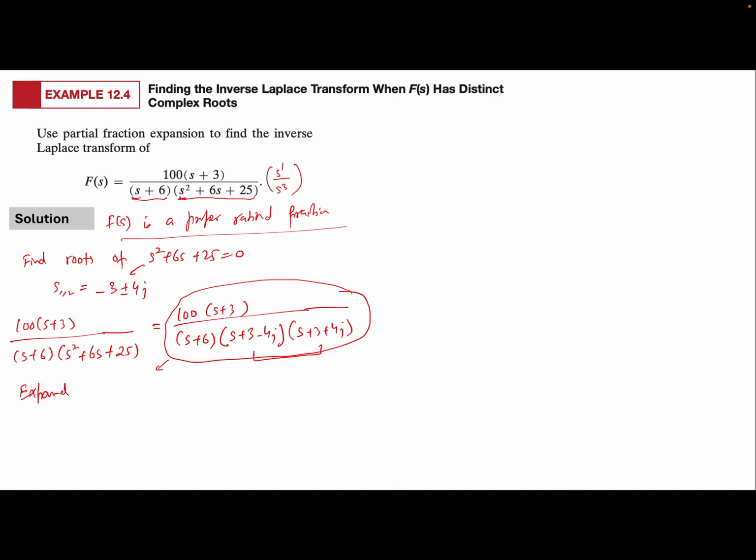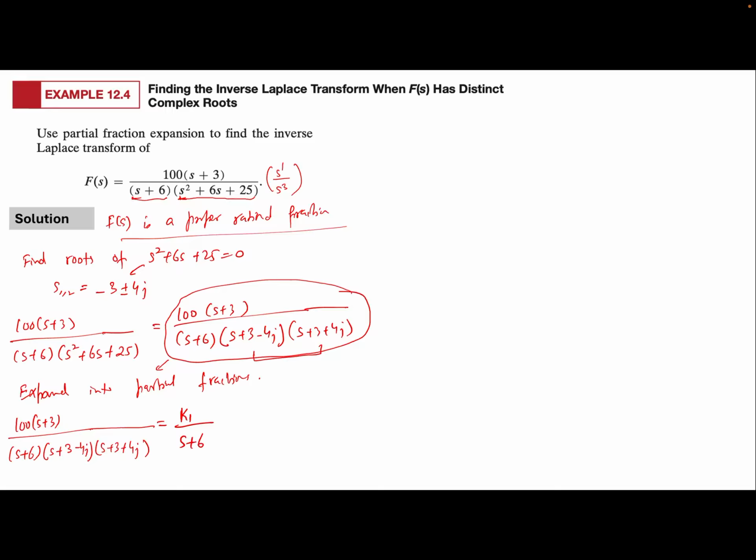Expand into partial fractions, okay? So 100 times s plus 3 over s plus 6 times s plus 3 minus 4j times s plus 3 plus 4j should come out to be equal to, first one is K1 over s plus 6, right?